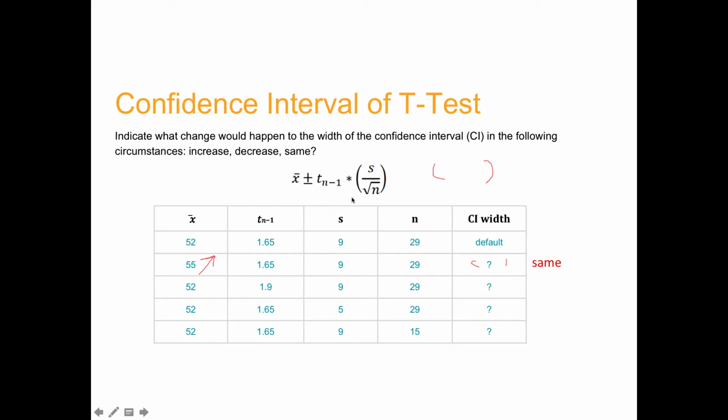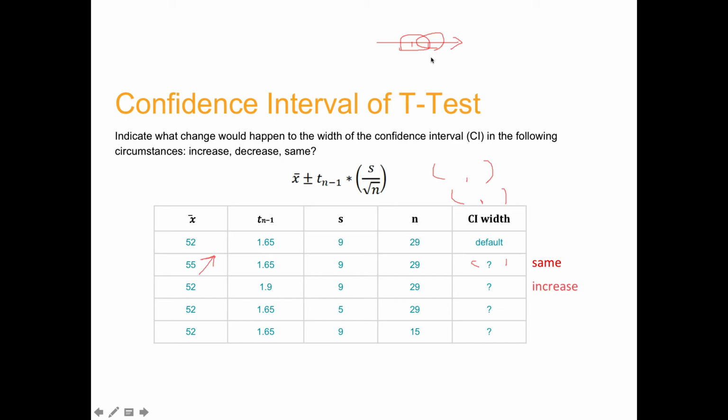It's gonna stay the same, because this is what we were talking about. If x changes, it's just this number. So x is here and the confidence interval is this one. Sometimes you change x to probably here, the confidence interval is gonna be the same, but it's just gonna shift from left to right, so it stays the same.